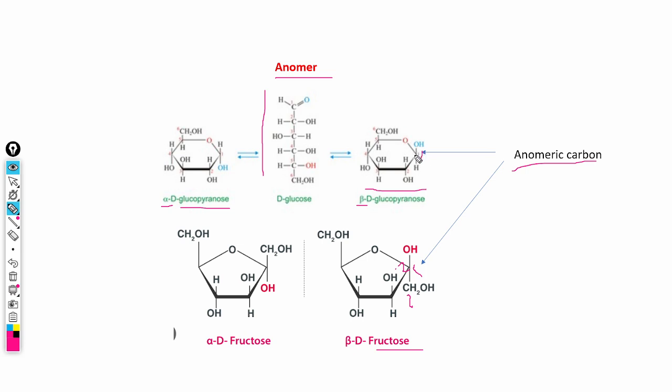At the anomeric carbon, if the hydroxyl group is present at the lower side, it is called alpha. And if the OH group is present at the upper side, it is called beta. In this structure also, the OH group is present at the upper side, that's why it is called beta fructose. If it is present at the lower side, it is called alpha fructose. Okay.